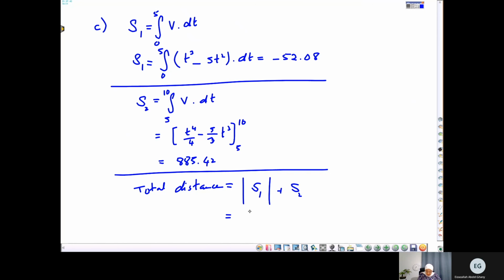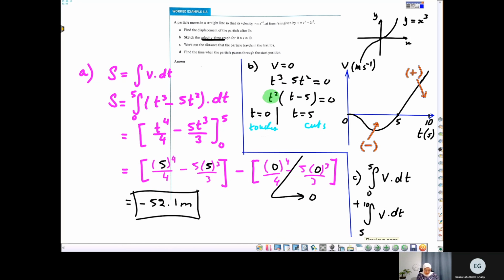It means consider the magnitude of the displacement, which is 52.08, and add 885.42. So the total distance will be 938 meters, and usually we give our answer correct to 3 significant figures. Now let's read the last part.